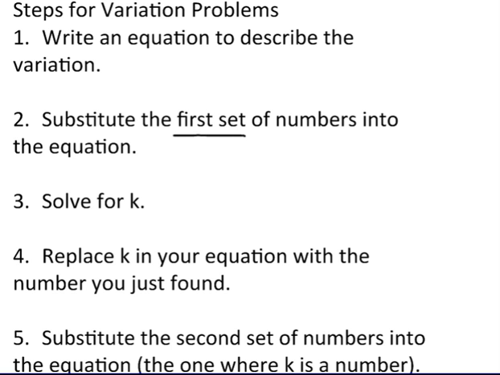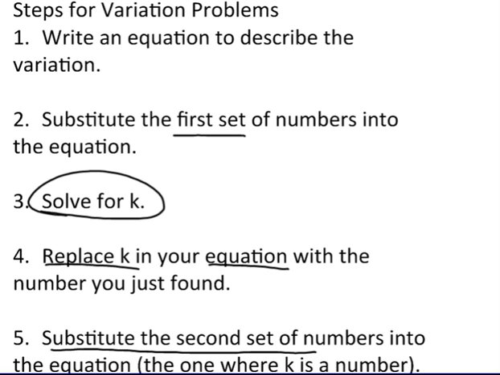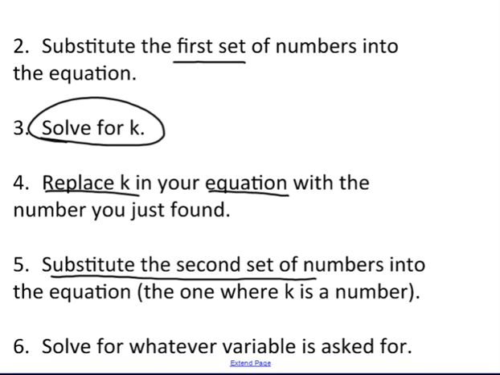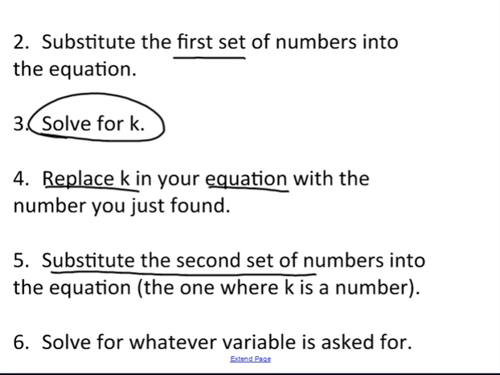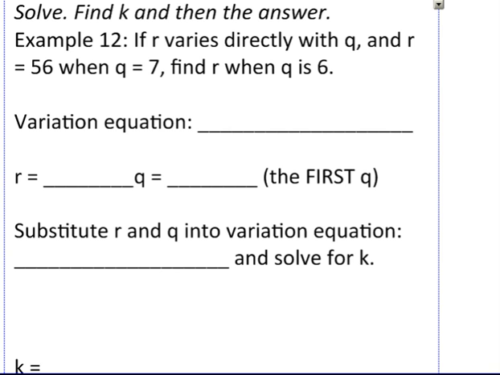You're going to use the first set to plug into the equation to solve for k. Once you have k, you're going to replace your k in your equation, and then you're going to substitute with the second set of numbers to find what it's asking for. So solve for whatever variable is asked for. So here's an example.